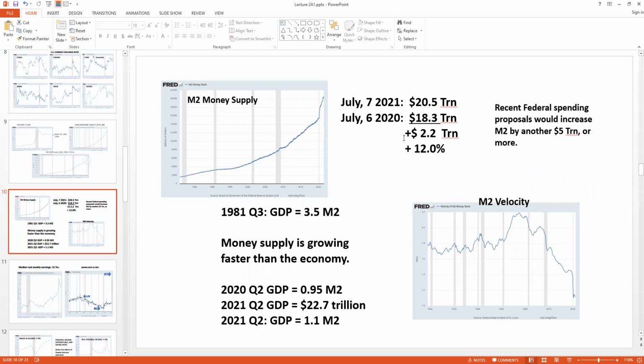And so the difference between the growth of the money supply and the growth of the GDP, and you may recall that there was a decline in GDP, will have an effect on prices.